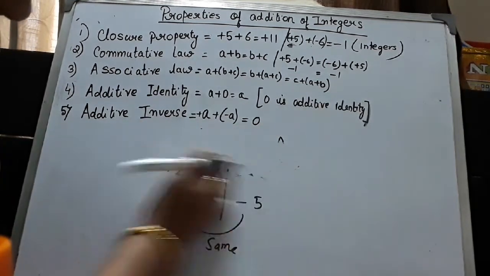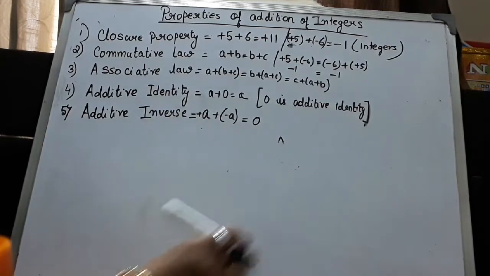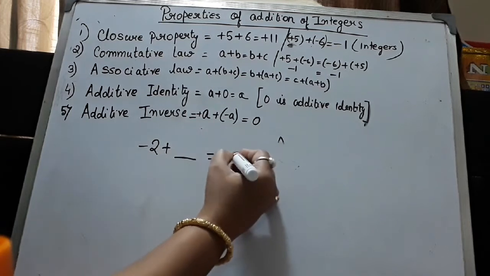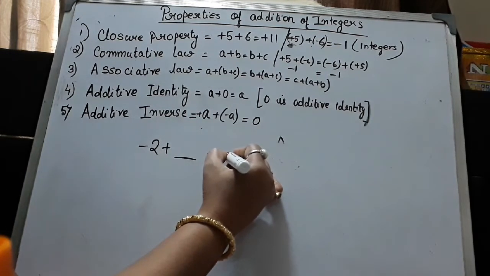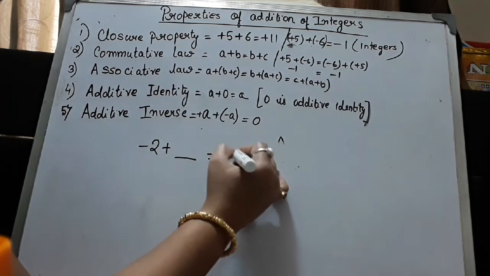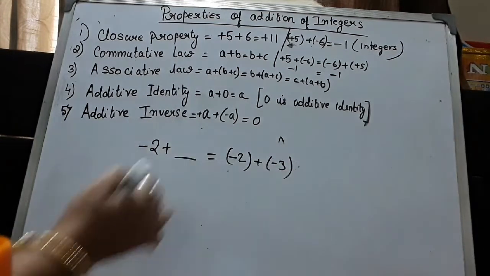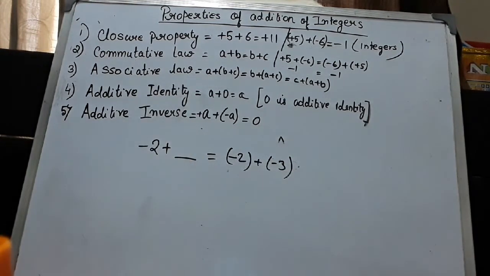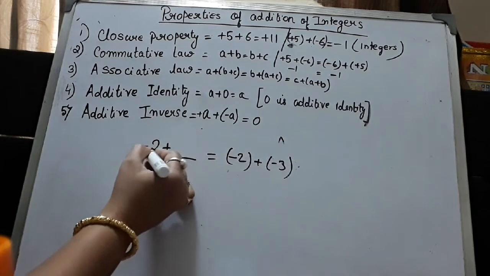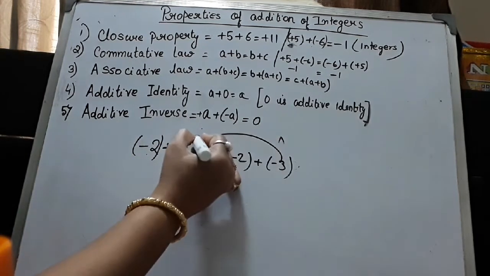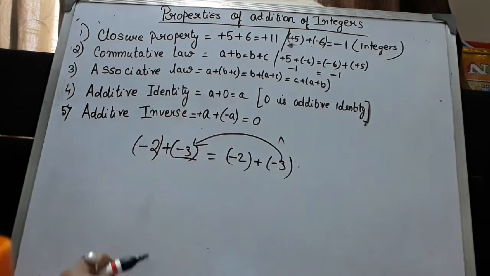These questions can come in this way. You will get this type of question: this plus dash equals to... So what will be the answer here? See, minus 2 is here, and minus 2 is here. That means what is missing? This is missing, so write it down, this is the answer.